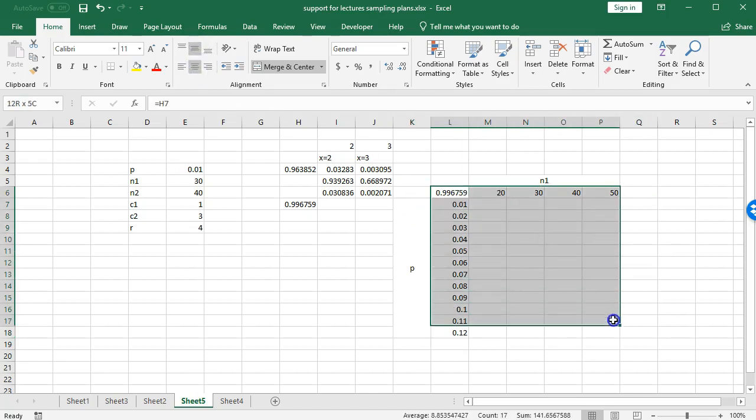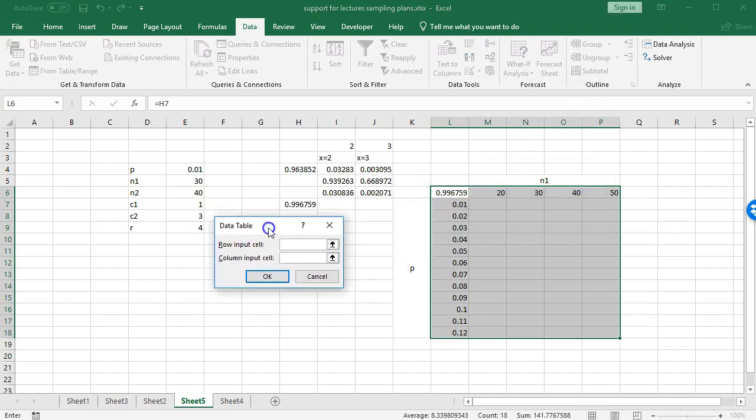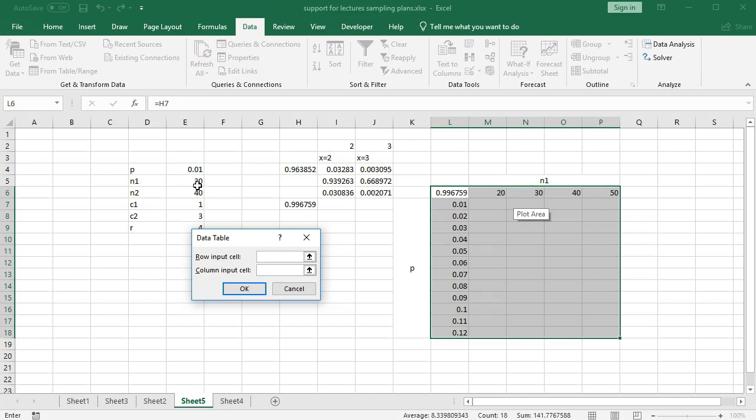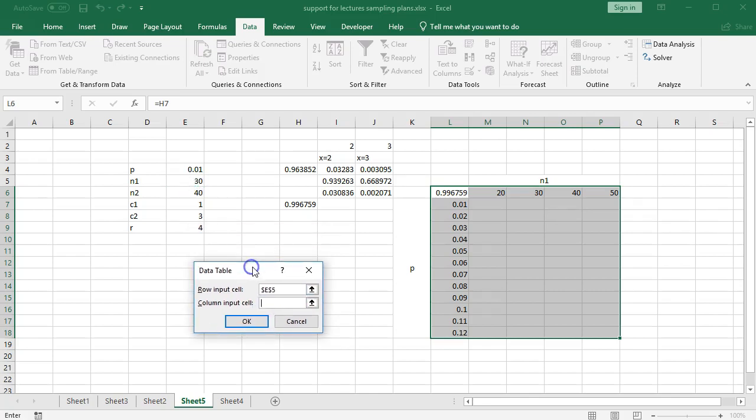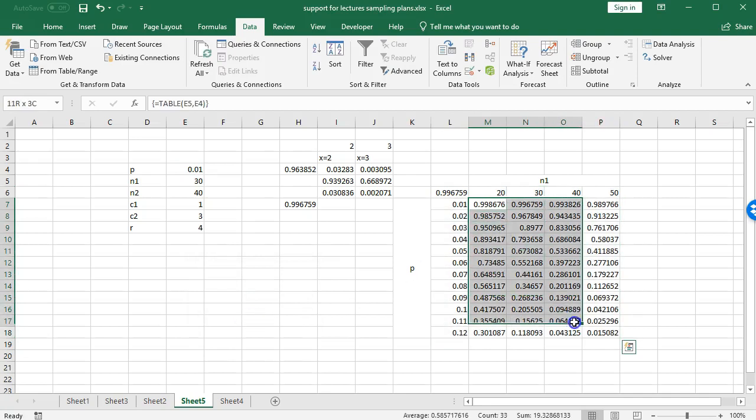And we can select our data table, what-if analysis. The top row is associated with N1, and the proportion of defective is on cell E4, and this is the operating characteristic curves.